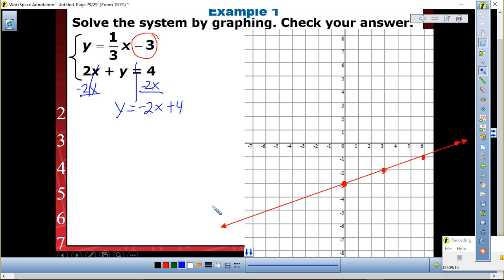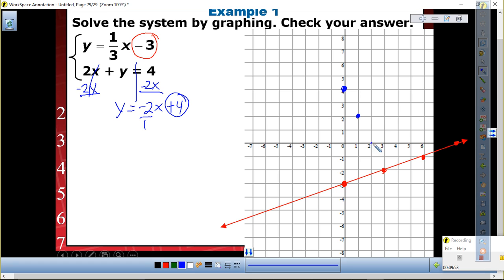Okay. Matthew, help me out. Where do I start for that one? On 4 on the y. So 4 on the y, which is right there. And what is our slope, Matthew? -2 over 1. What does that mean? Go down 2, 1 to the right, plot our point, do it again.